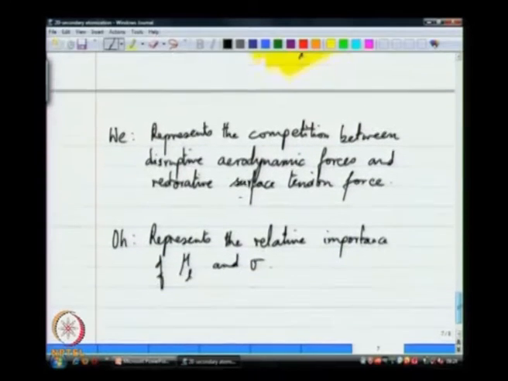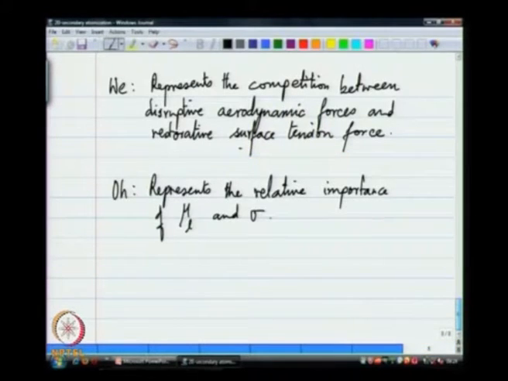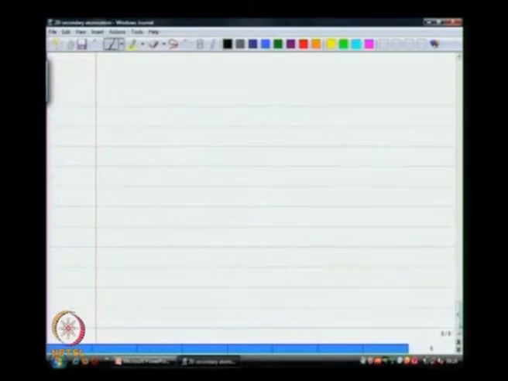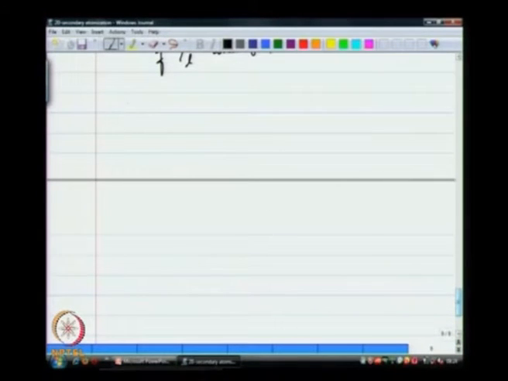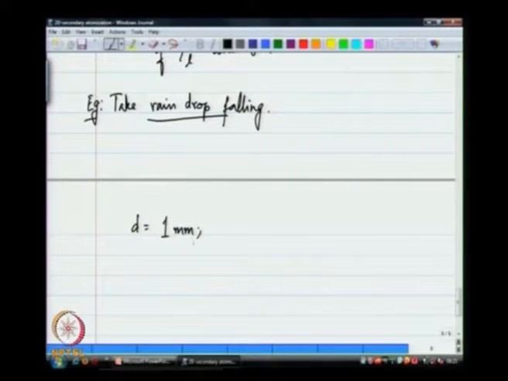Let us take a typical example and see what these numbers look like. Let us take an example of a raindrop falling. Let us say d is about 1 mm.